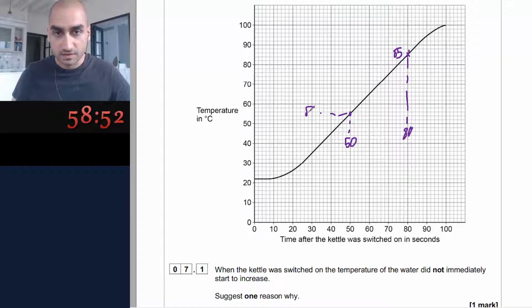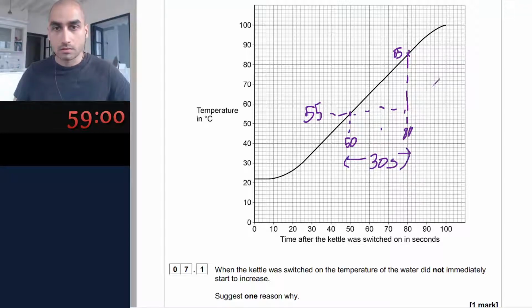That is 55. So we've got 30 seconds, 30 C. So it's 1.